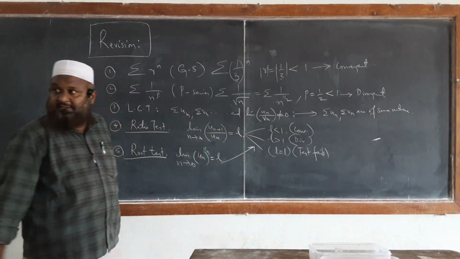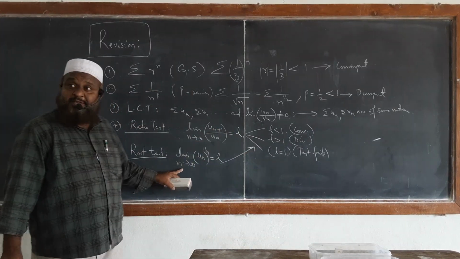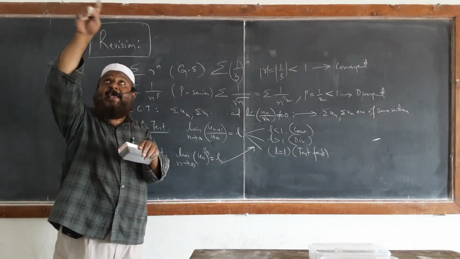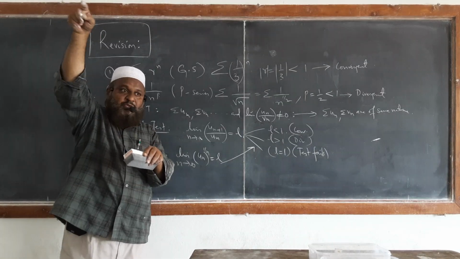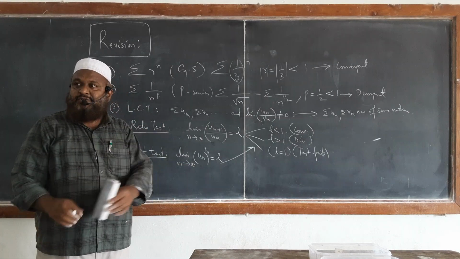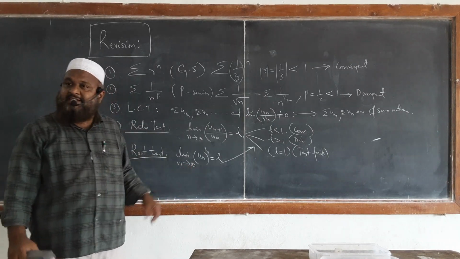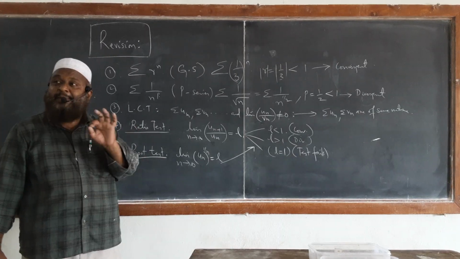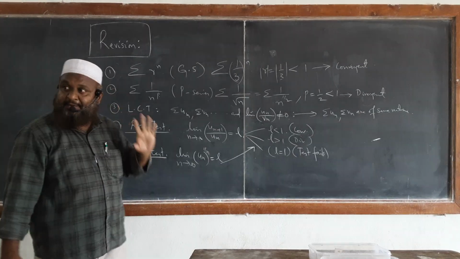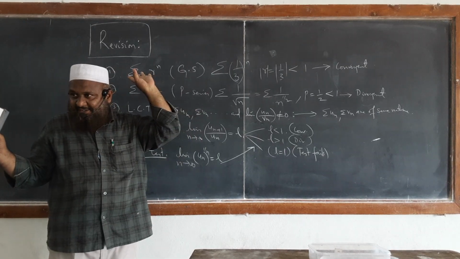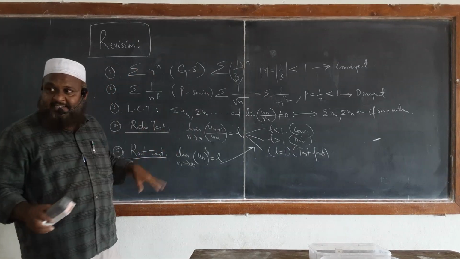This should be used when un contains n as power. Then you apply root test. Sometimes if you are in confusion whether ratio or root, best choice is to go for ratio. Keep in mind. If you are unable to understand what to do, apply ratio test. It is a very powerful test.